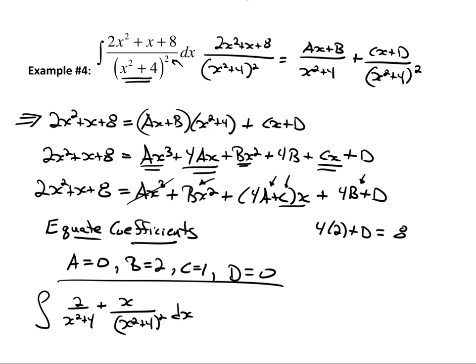So I'm going to switch pages and have a little more room to write here. See, I've got the integral of 2 over x squared plus 4, squared dx. I'm just rewriting it so I can see it fresher on this page. Okay, this is pretty simple.